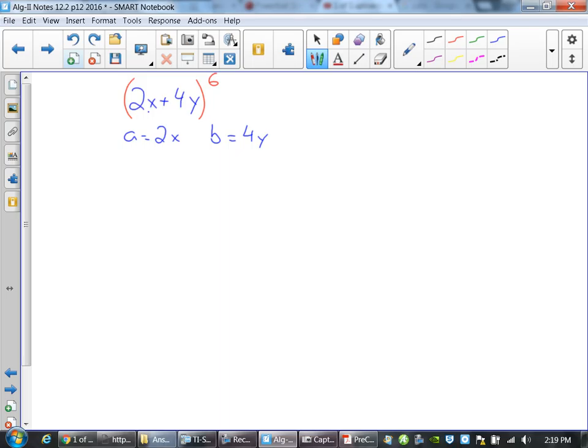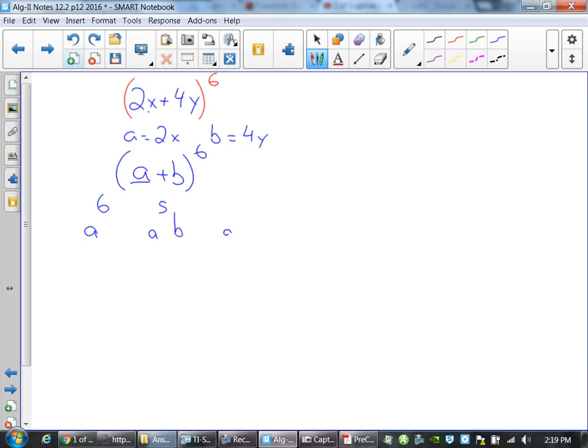So here's what I do. I'm going to write this as A plus B to the 6th. Which means my first term is A to the 6th. My next one is A to the 5th because it goes down in degrees. But now the B shows up.